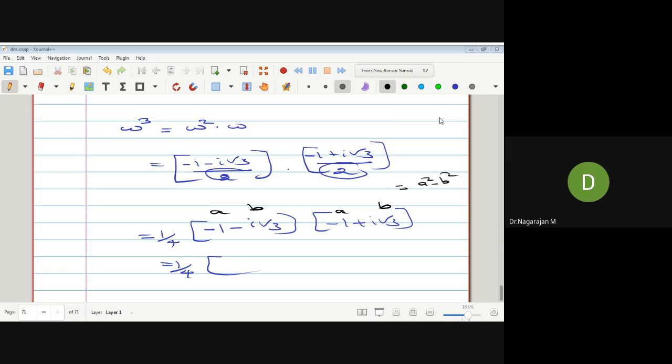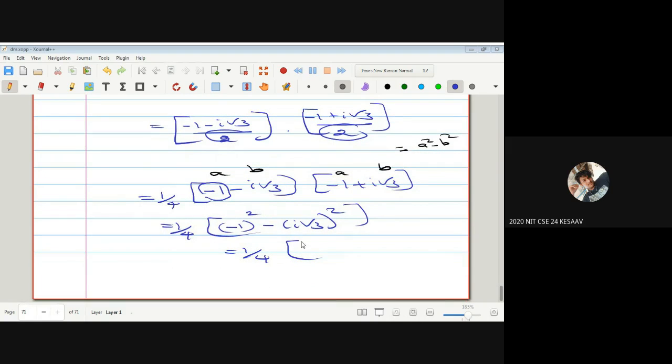Now apply, what is the A value here? And what is the B value here? Therefore, minus 1 whole square minus I root 3 whole square. That is equal to 1 by 4 into minus 1 squared.